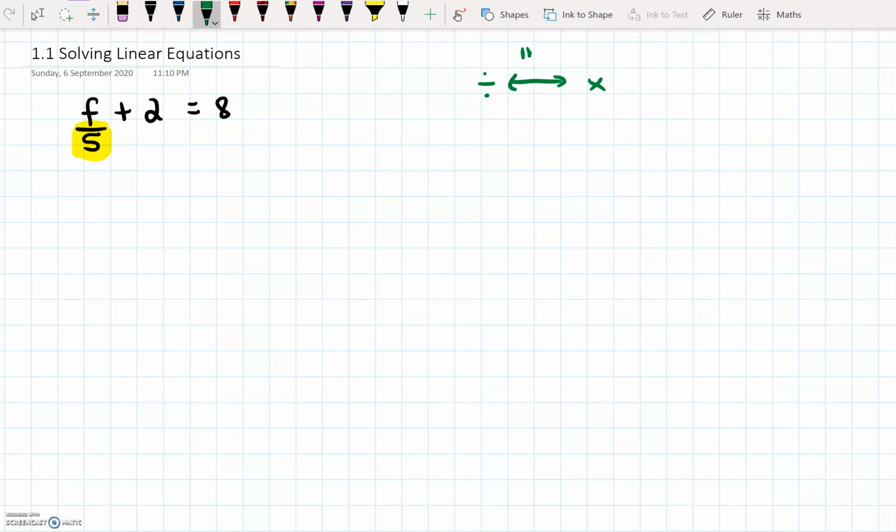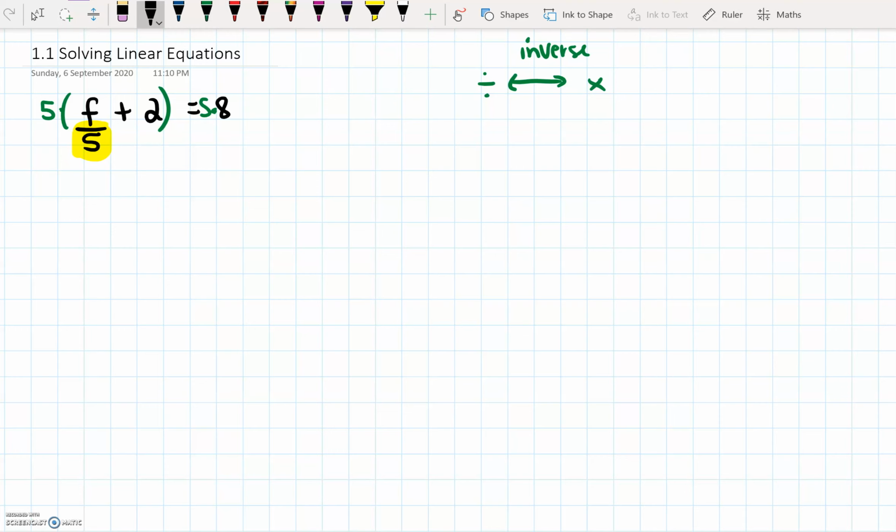So instead of dividing by 5, we're going to multiply by 5, but we're going to do that to the whole equation. So we're going to do 5 times this entire side, and we're also going to multiply the other side by 5. And what this will do is get rid of that fraction.